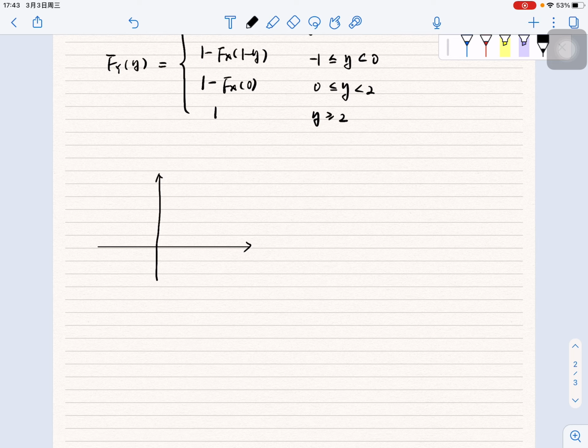First, we have x and its distribution function and its density function. Its density function is like this.